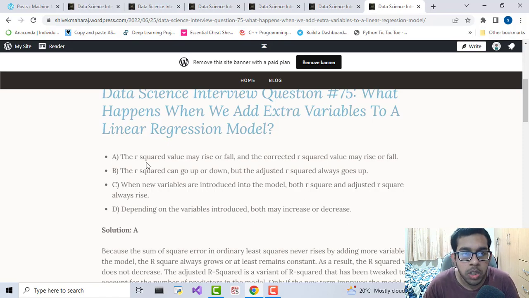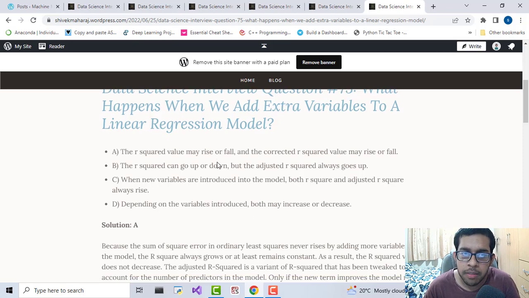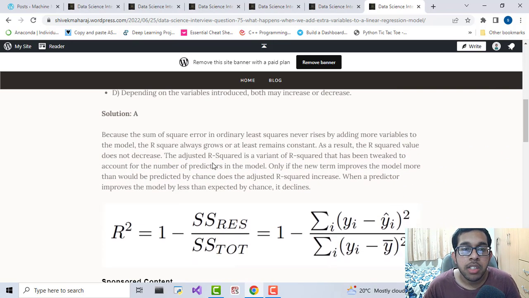Now, the solution to this question is actually A. You see, because the sum of squared error in ordinary least squares never rises by adding more variables to the model, the R square always grows or at least remains constant. Okay, as a result, the R squared value is not decreased.